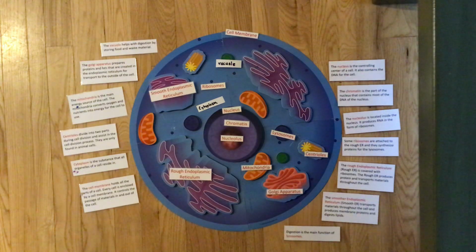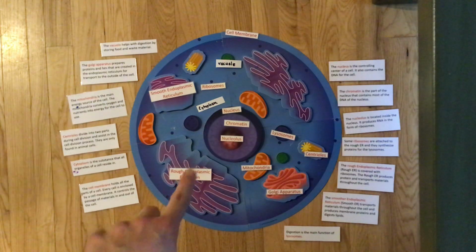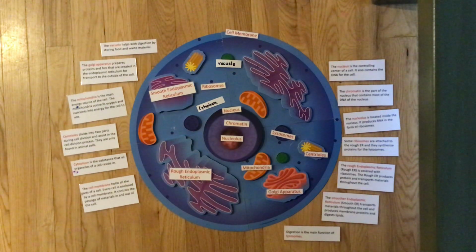The second thing you're going to do is then you get to be a little creative. You can create a model, like this would be a model, or you can draw, make sure it's neat and colorful, a picture of an animal cell. So this would be an example of an animal cell. Make sure you label all of the parts.